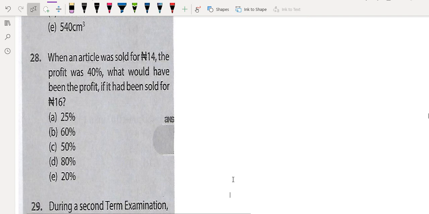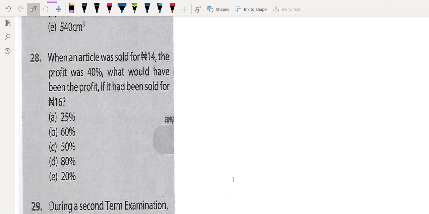Read, please. When an article was sold for 14 naira, the profit was 40%.